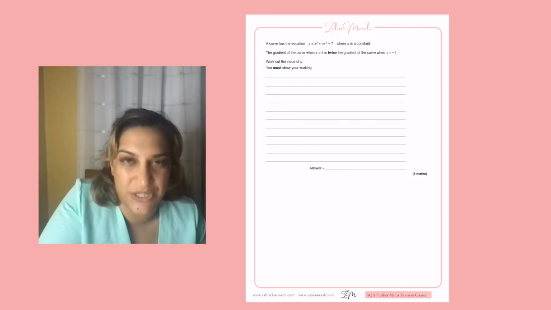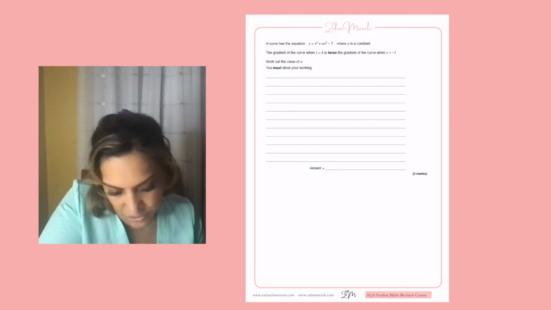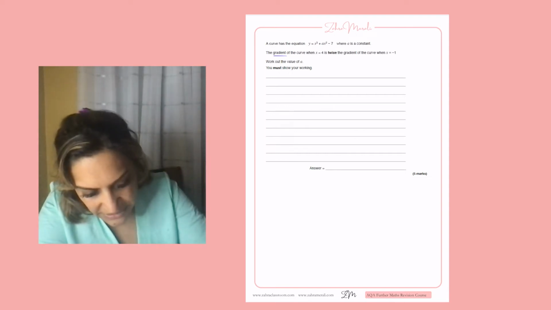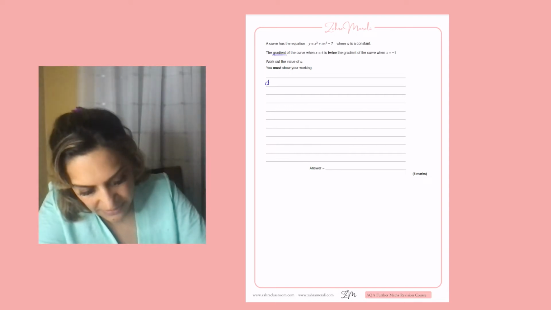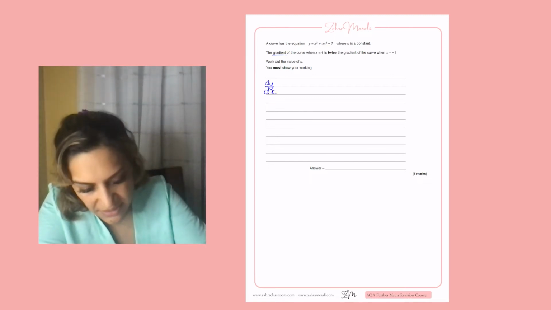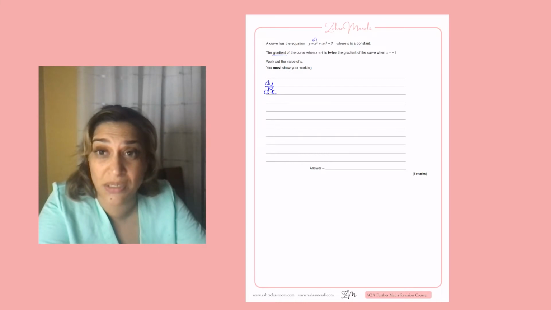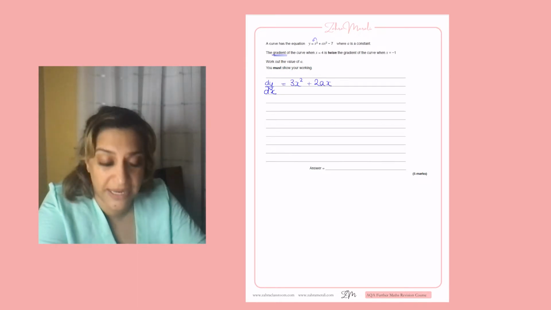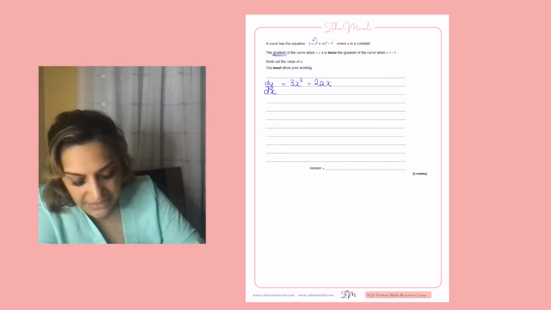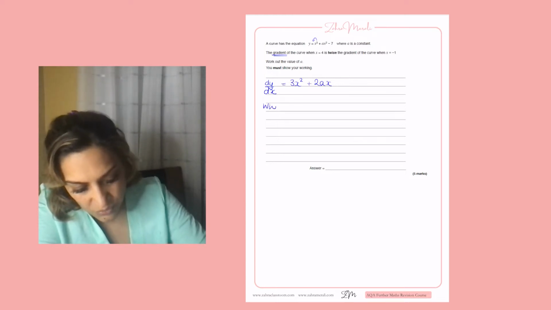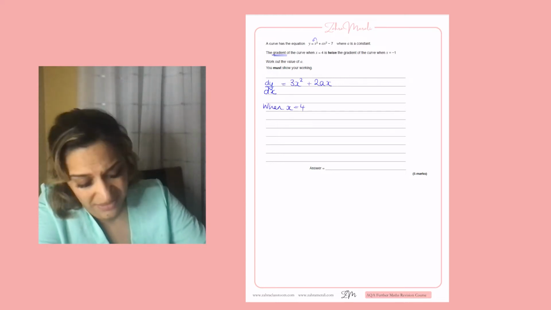Right, slightly longer question here. We've got a curve that has an equation. The gradient, we see gradient, my brain's going to go dy dx. So first let's just work out dy dx. Bring the power down and take 1 away. So we get 3x squared plus 2ax. Now we're saying when x equals 4, what is dy dx?